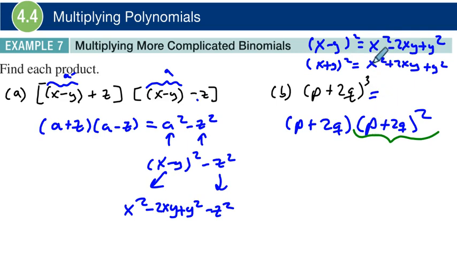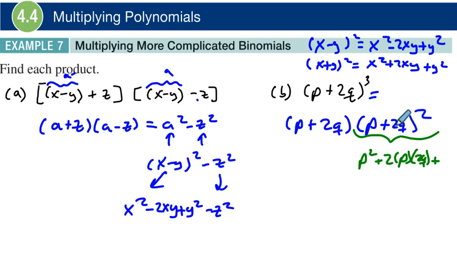I take my first term, x, and I square it, so p squared. Then I multiply these two terms, p times 2q, that's 2pq, and then I multiply it by 2 again. It's 2 times the first term times the last term. Plus the last term squared.